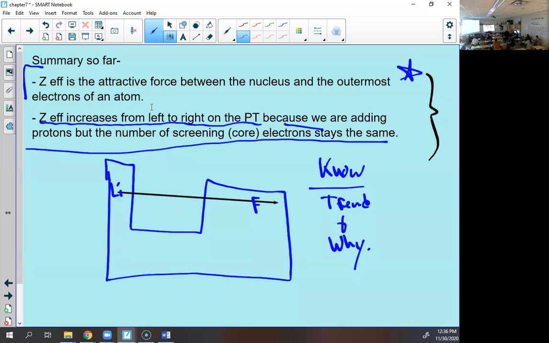Zeff increases from left to right on the periodic table because we are adding protons, but the number of shielding or core electrons stays the same. So you'll read in your textbook, I hope, that your core electrons kind of shield the valence electrons from the nucleus. Go ahead.